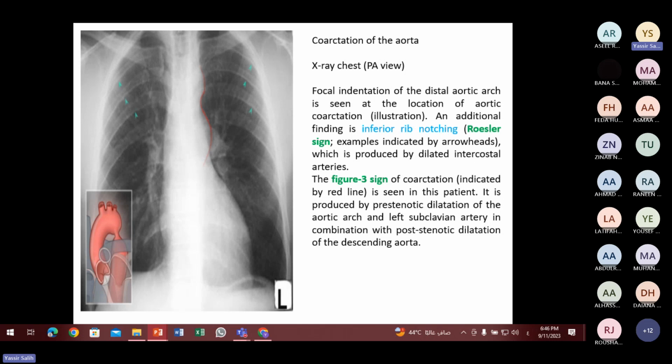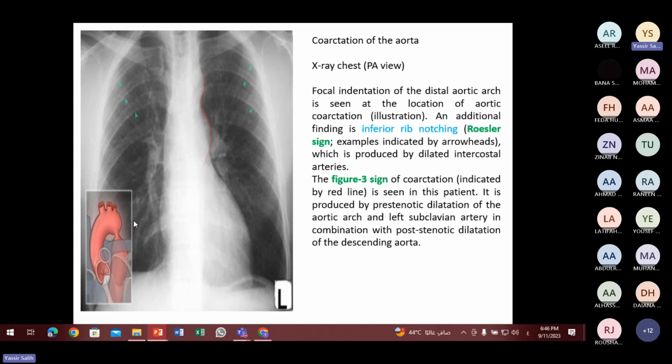Even this figure shows the indentation in the aorta, with dilatation of the pre-stenotic segment of the aorta along with the left subclavian, all dilated, and the post-stenotic area also dilated. If you draw it like this, it looks like a figure 3.